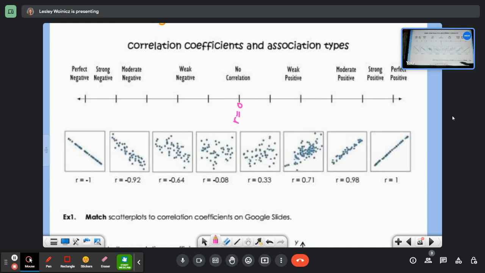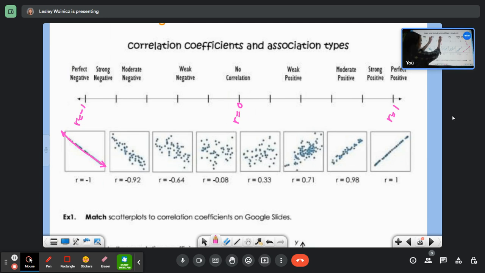When we have a perfect negative correlation, where our line of best fit or curve of best fit goes through our actual data points, then the R is -1. If we have a perfect positive correlation and our equation or curve of best fit is going through our data points, then our R is +1.